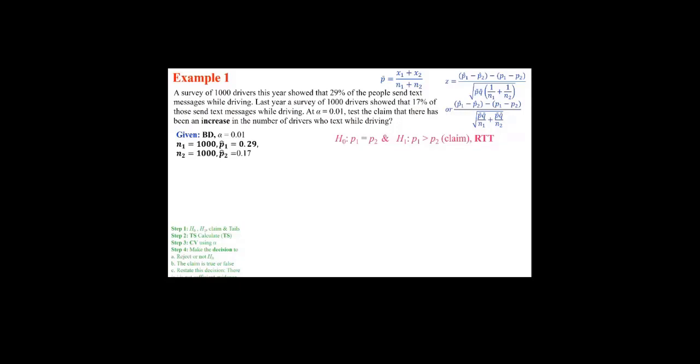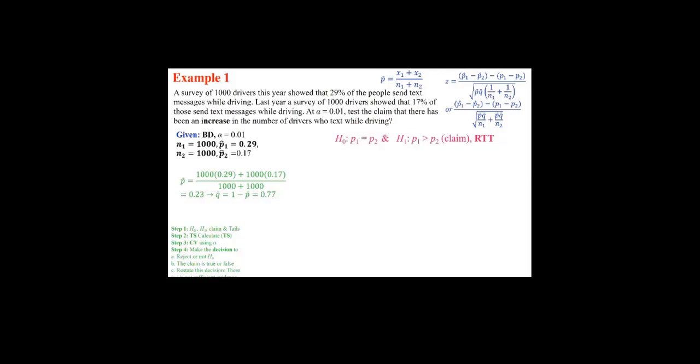As you look at the formula, we need to come up with P bar, x sub 1 plus x sub 2 divided by n sub 1 plus n sub 2. By the way, as you can see, x sub 1 and x sub 2 are not given, so you simply multiply by P hat. Okay, in this case, 1,000 times 0.29 and 1,000 times 0.17, and you divide by the sum. This is how you calculate it if x is missing.